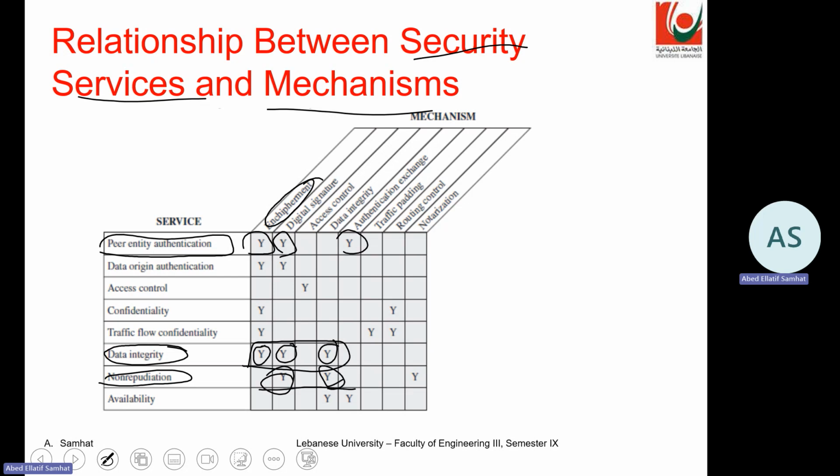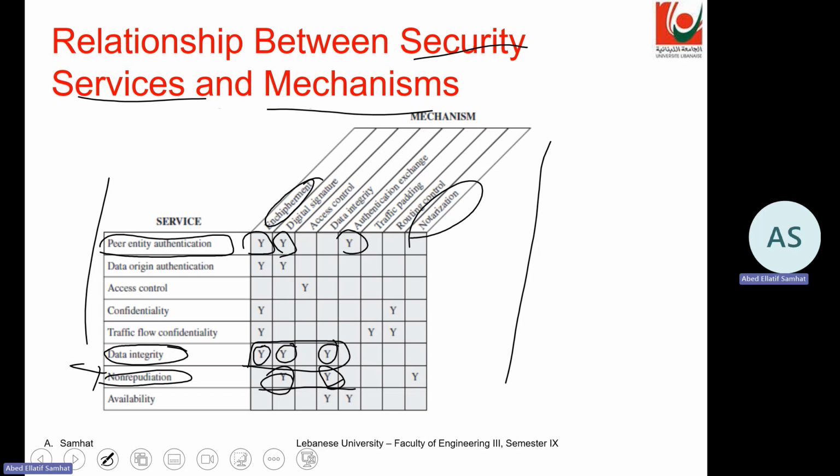So this is the way to link the security services and implement them using security mechanisms. This is an interesting table. Okay. And also for non-repudiation, we can use notarization in order to be sure who provided, for example, a signature or something like this.